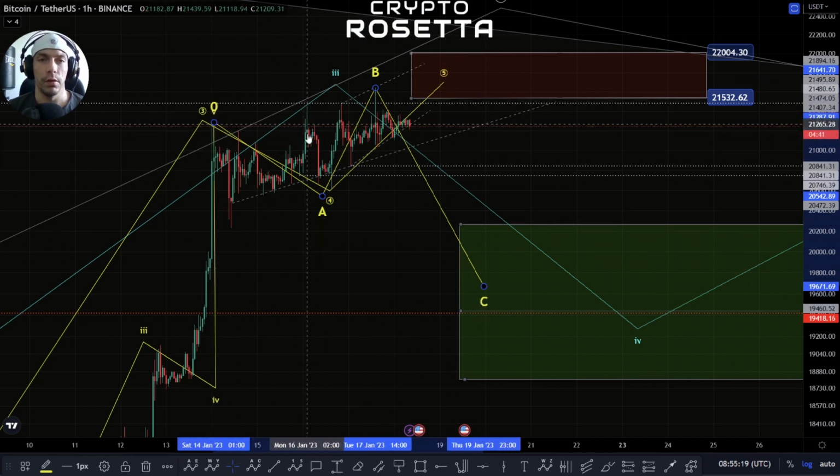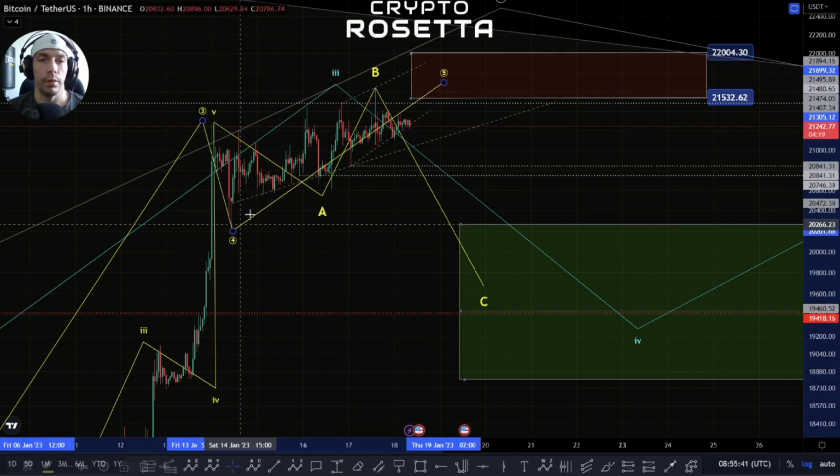Because of this 5-wave move to the downside here, I was initially looking at this as a 1, 2, 3, and then looking for a 4, 5 as a diagonal, a bigger diagonal here. But because of this move here, I don't really like that structure. So we can either argue that we've actually completed this 4th wave here.